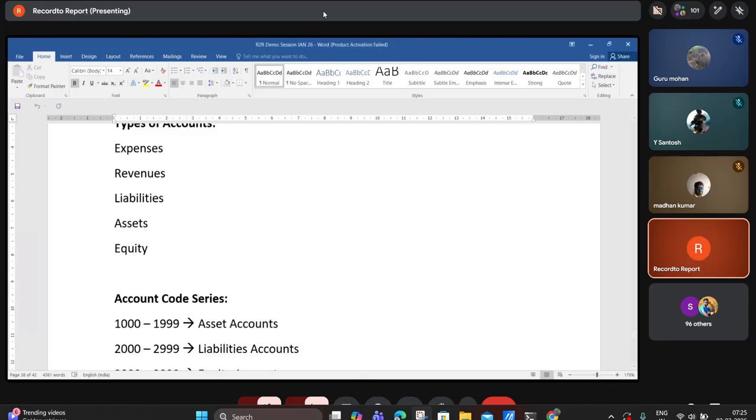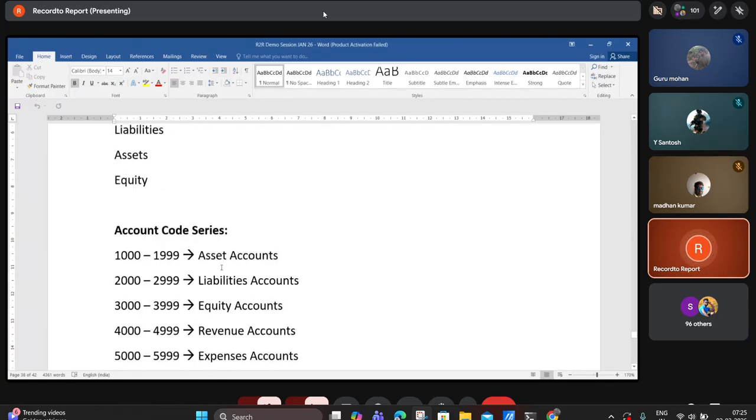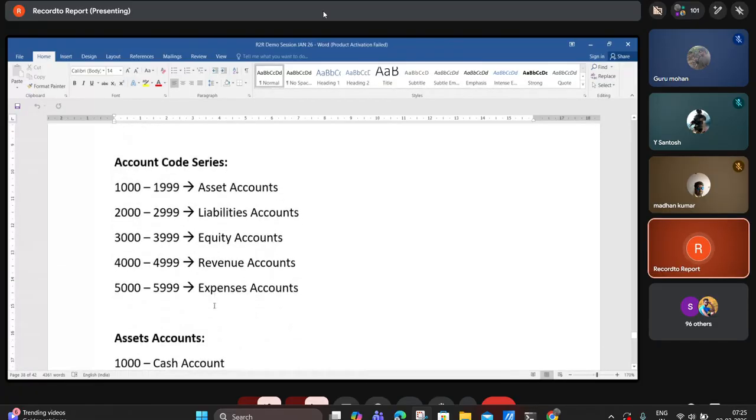For assets, a code range has been created, 1000 to 1999. For liabilities one code range, equity one, expenses one. Based on the transactions and the series, the account code will be decided.